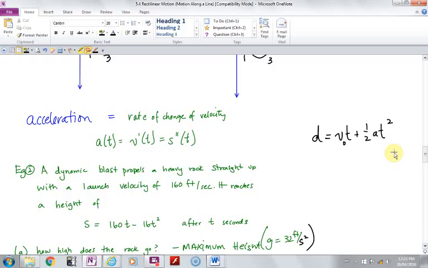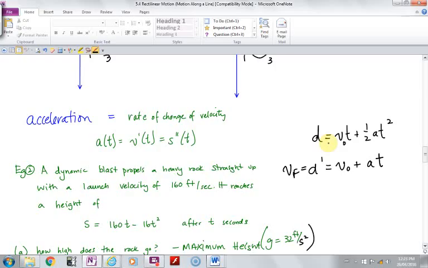Right? So the first derivative here, how do I take the first derivative? What's the thing that's changing here? What's the variable in all this? T. So if I take the first derivative of that, I get v naught. And if I take the first derivative of this, I'm going to go 2 times a half is 1, at. Okay? So that's our velocity, right?